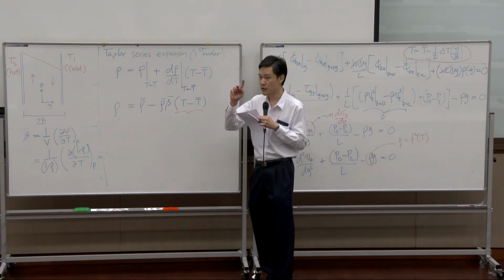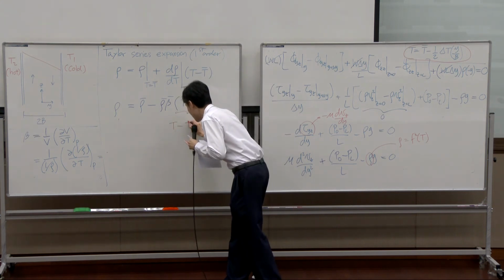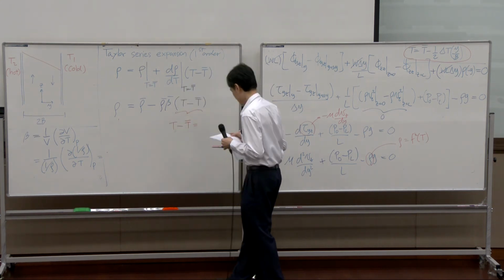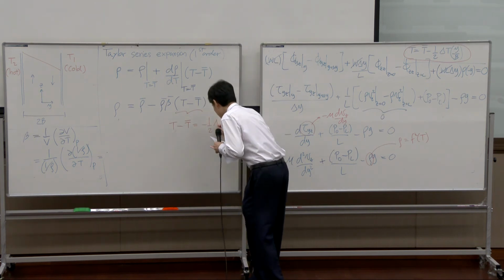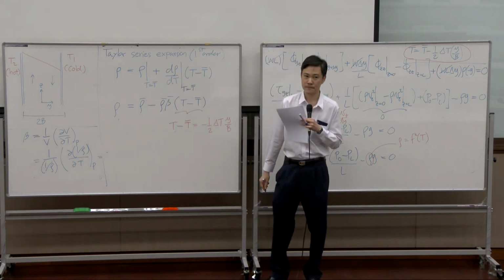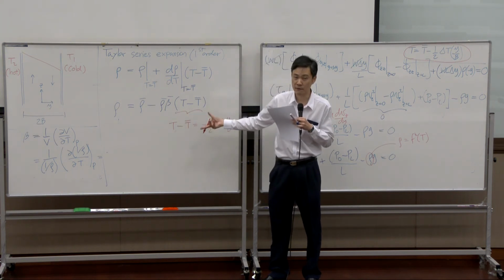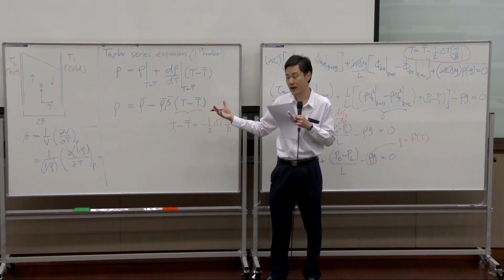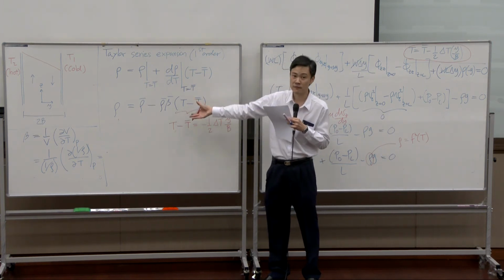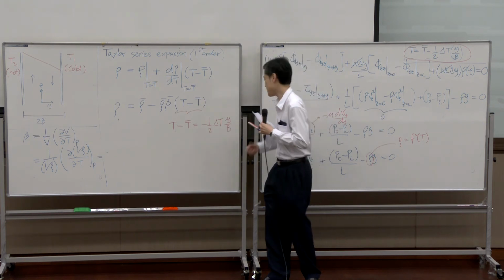Okay? So according to the energy balance or temperature profile, I get T minus T bar equal to 1 over 2 delta T y over B. So the red equation is basically the temperature profile that we found from the energy balance. So now we are incorporating the energy balance into our profile.